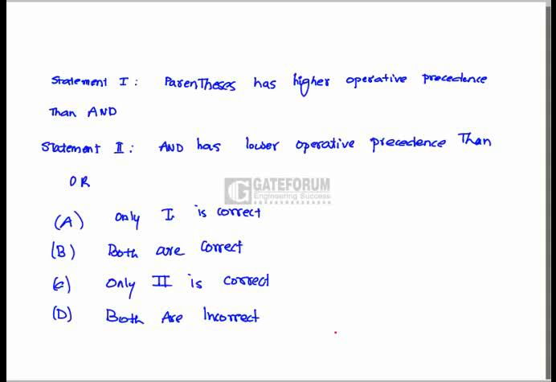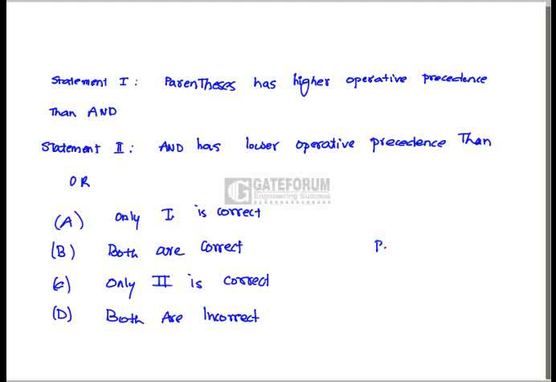Question is, statement 1. Parenthesis has higher operator precedence than AND. Statement 2, AND has lower operator precedence than OR. If we go through the order of precedence of operators like NOT, parenthesis and OR are following in this order.